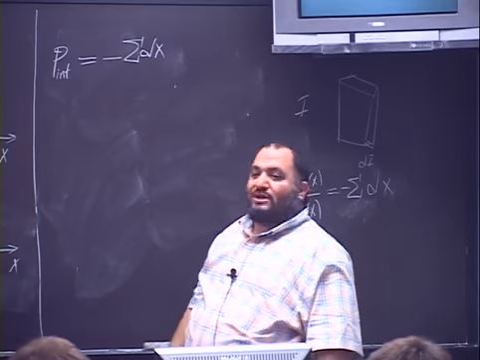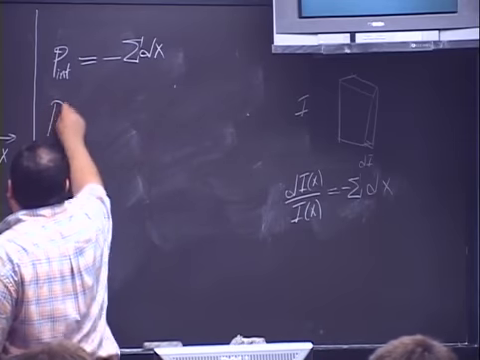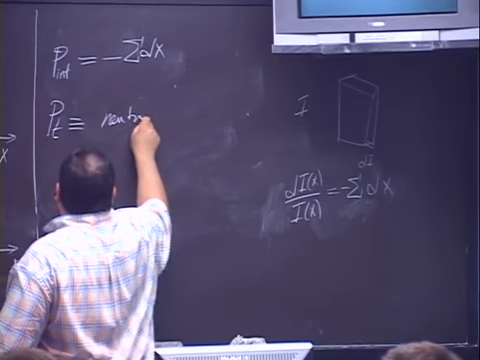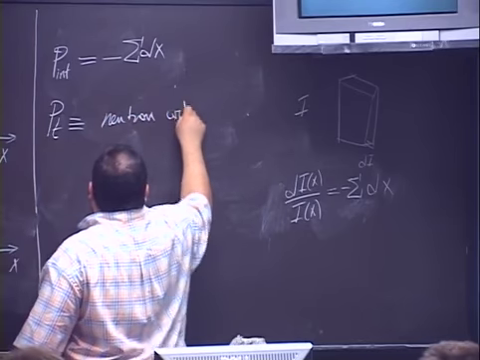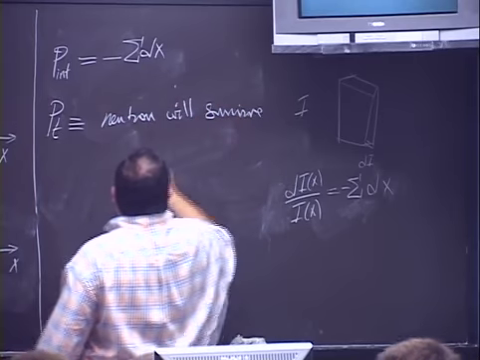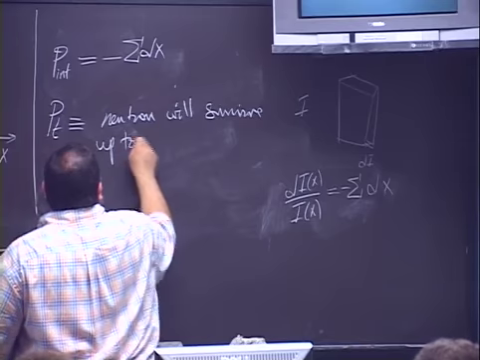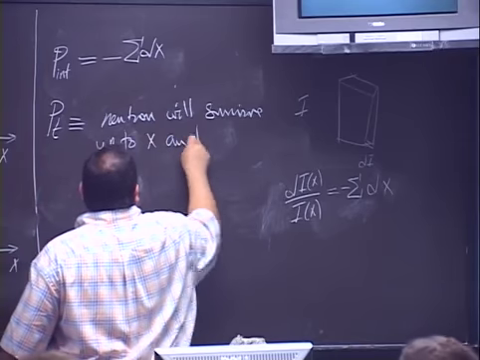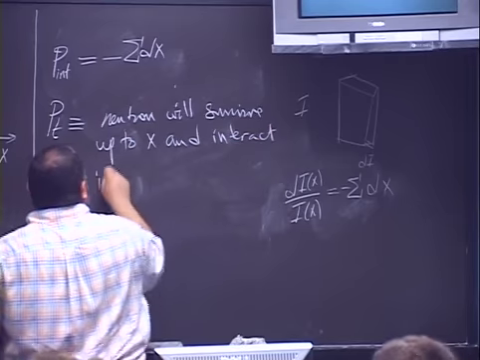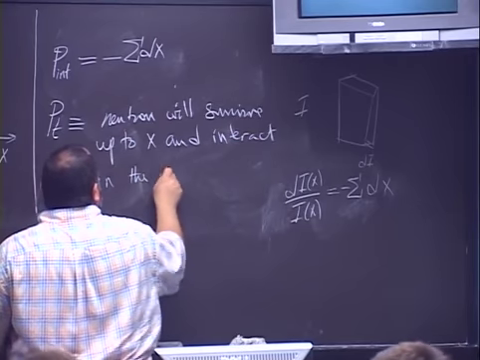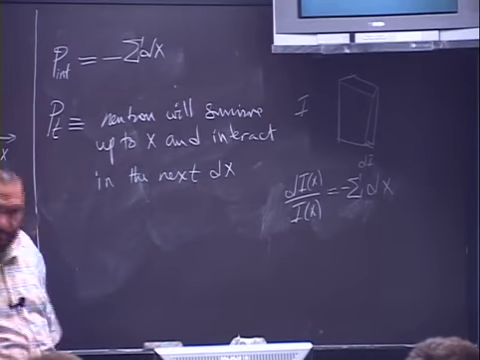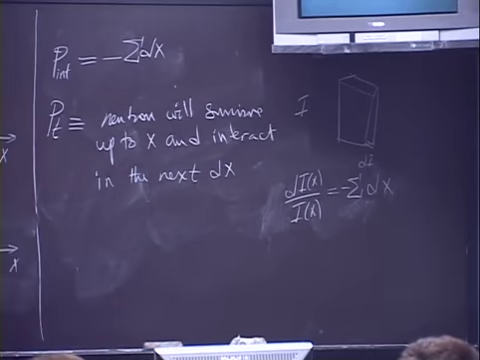Okay? So what is the probability that the neutron will survive up to x and interact in the next delta x? What's this probability?